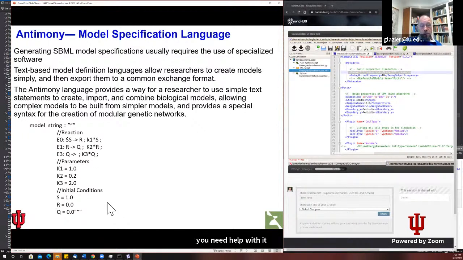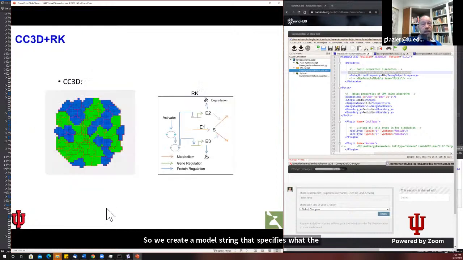So we create a model string that specifies what the chemical reactions are. An example of this might be, we're not actually going to do this one, but here's some example of some complicated signaling network. An activator from outside comes in, it biases a kinase to the phosphorylated state of the kinase.